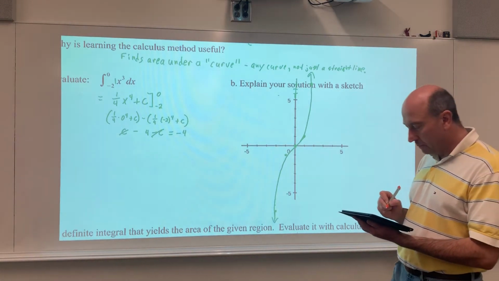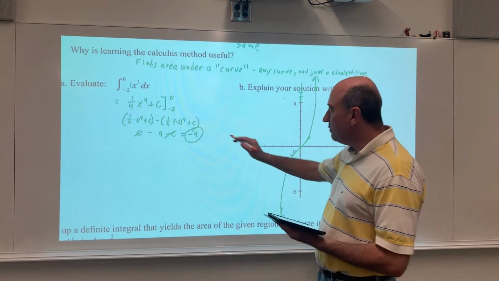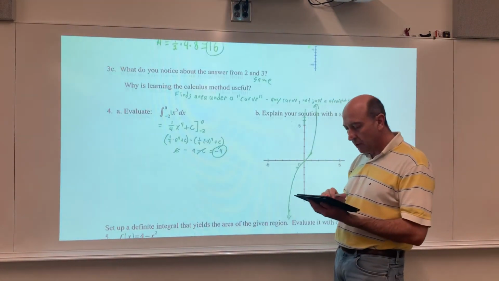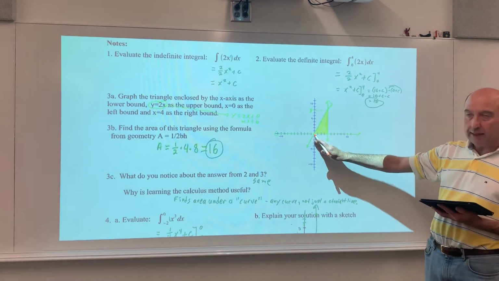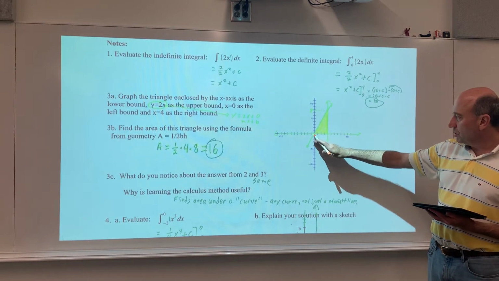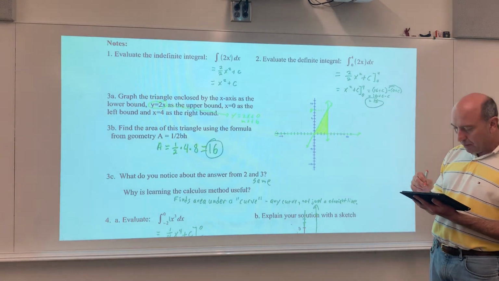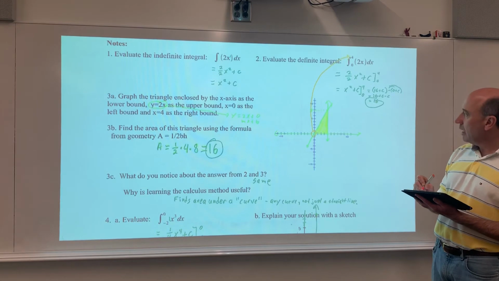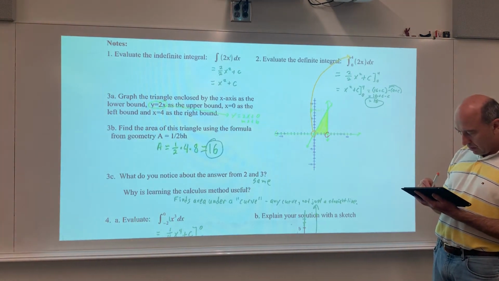Okay, now, -2 and 0 are my left and right bound. I think I forgot to explain that clearly here. 0 and 4: 0 is my left bound, 4 is my right bound.